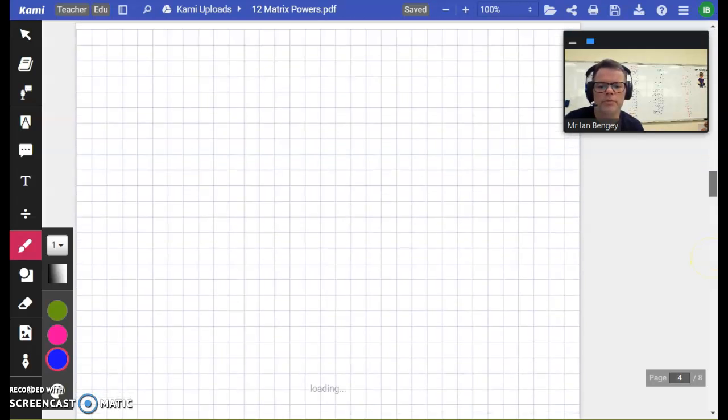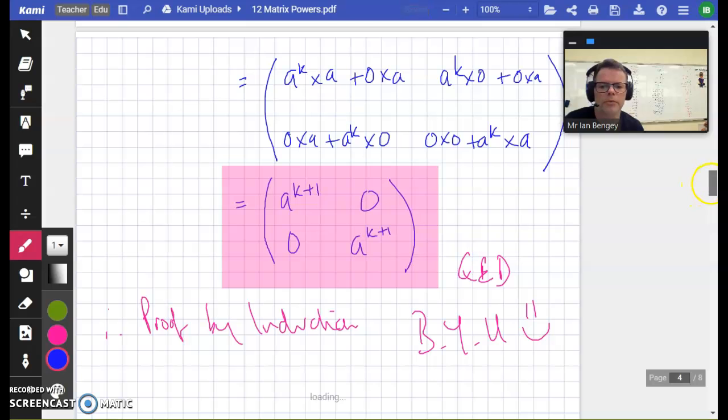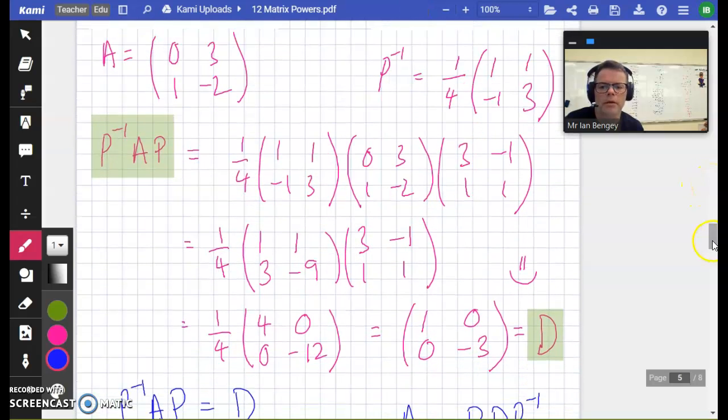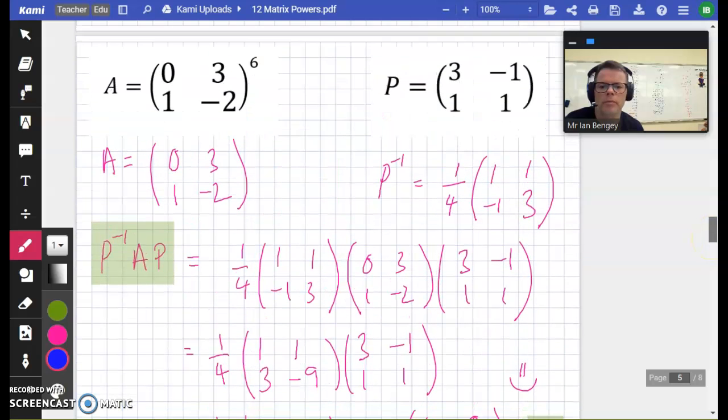There's our previous result. But here, I completely ignored my power of A. So I want to try and find my result here. I need to now go back to that matrix and try and find that power and write it down.